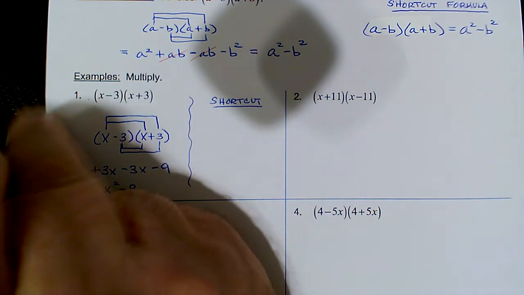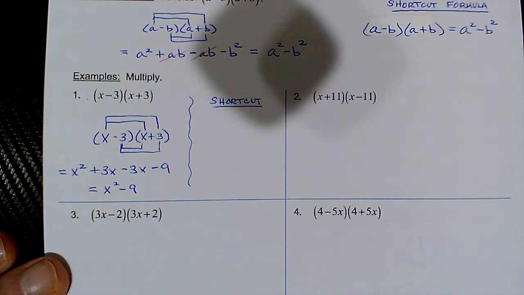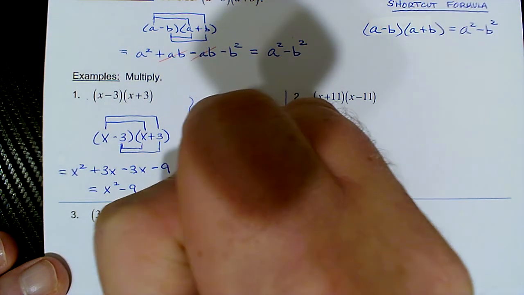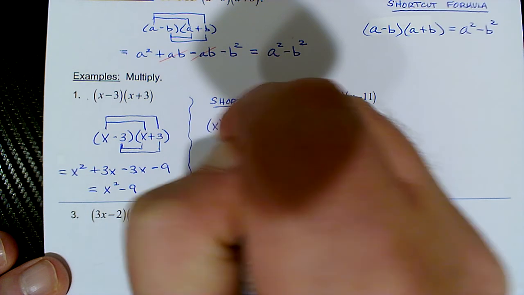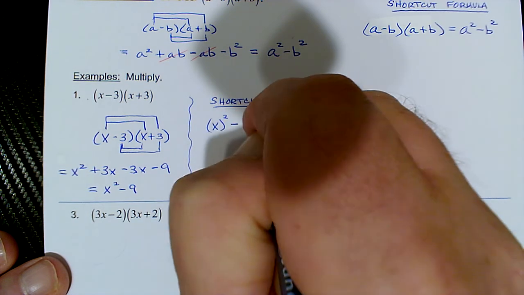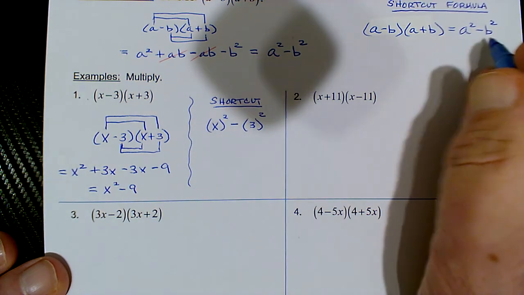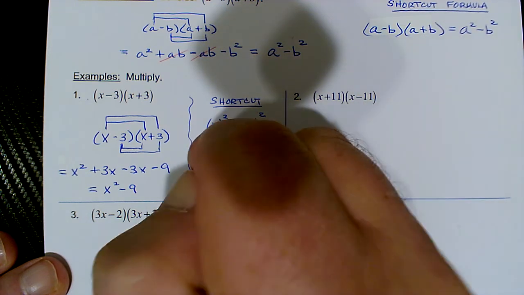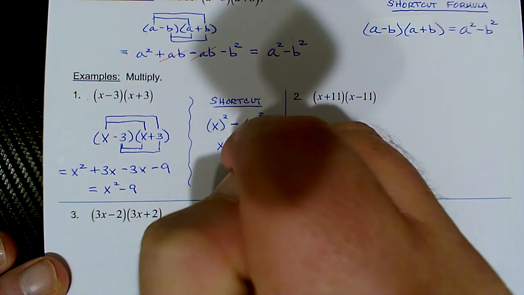We'll be talking about conjugates quite often. But you could just simply take the first term and square it, and then minus the second term squared. That's your a squared minus your b squared, as long as it fits that form.